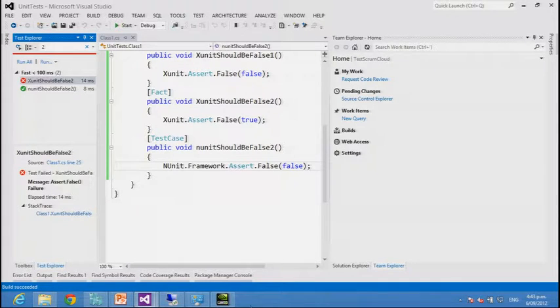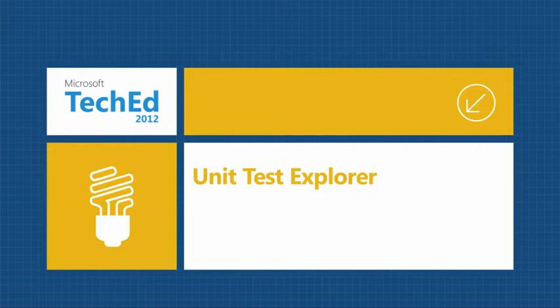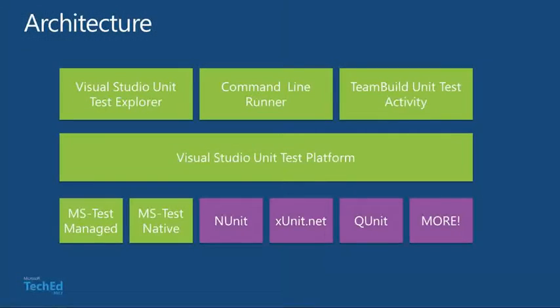Yeah, so all of these things, if I show you this next slide, kind of how it's working. This is the architecture underneath it. So MS Test has been ripped out to use this same architecture. So they've dog-fooded this API. We have this unit test platform, and alongside that, we can write plugins to execute our favorite test runners.